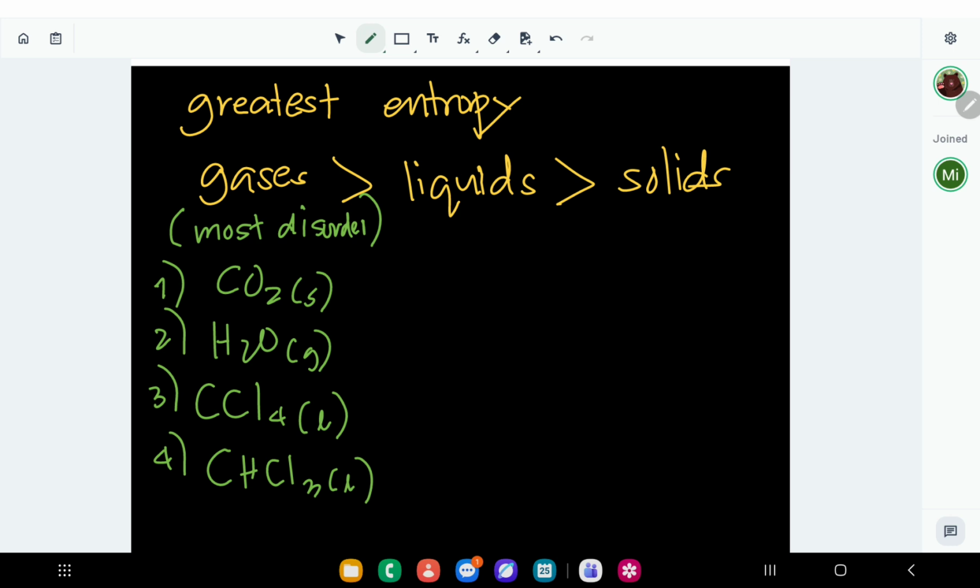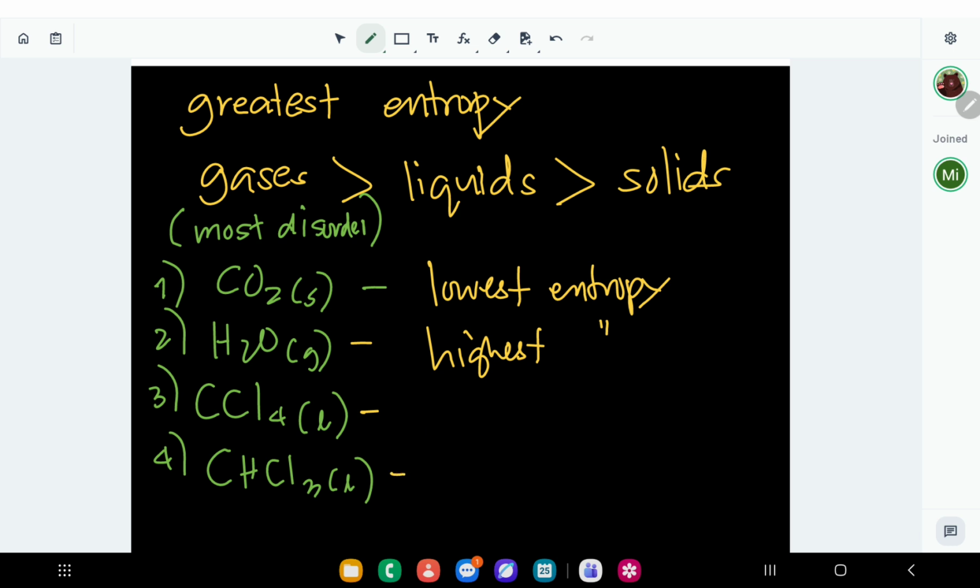This one is solid, so it has the lowest entropy. Gas is the highest. Then liquid.